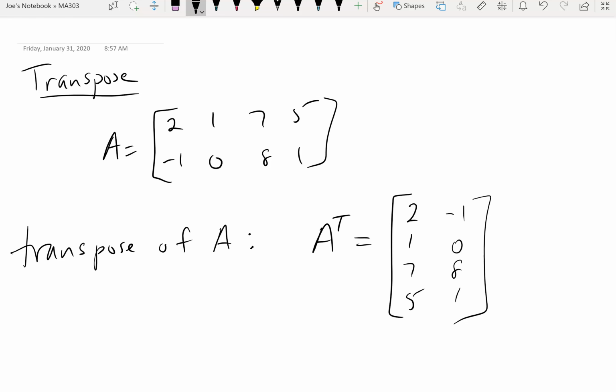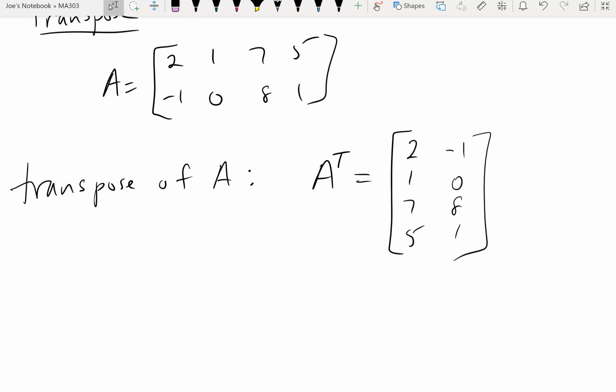Now, there'll be reasons why we need the transpose for other things that we do, but for right now, we're just interested in playing around with the operation. Yeah, Alex. So with the original matrix we have like an x1, x2, x3. When we write the augmented matrix, 2, 1, and 7 correspond to x1, x2, and x3. Oh, okay, I see what you're saying.